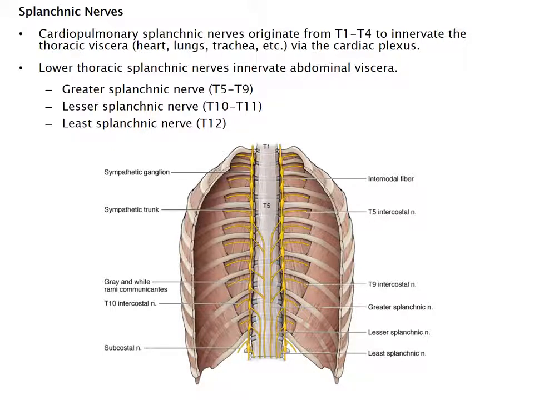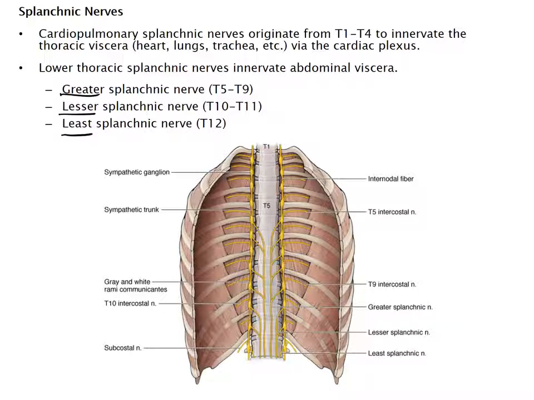The lower thoracic splanchnic nerves specifically are going to emerge from the sympathetic chain and will carry the preganglionic sympathetic fibers to the ganglia located in the abdomen, which again are the preaortic ganglia. The 3 lower thoracic splanchnic nerves are the greater, the lesser, and the least.